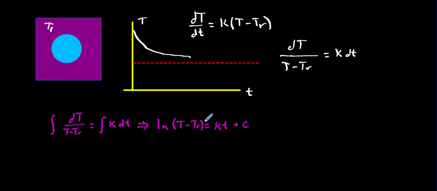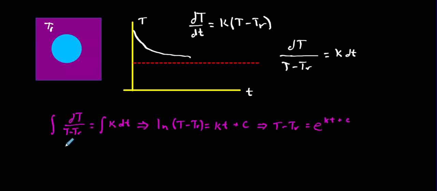There we have it. Now remember, I'm trying to solve for big T here. So the next thing I might want to do is apply E to both sides. In other words, I'm going to get rid of that log, and now I have T minus TR equals E to the KT plus C. See? I just applied E to both sides.